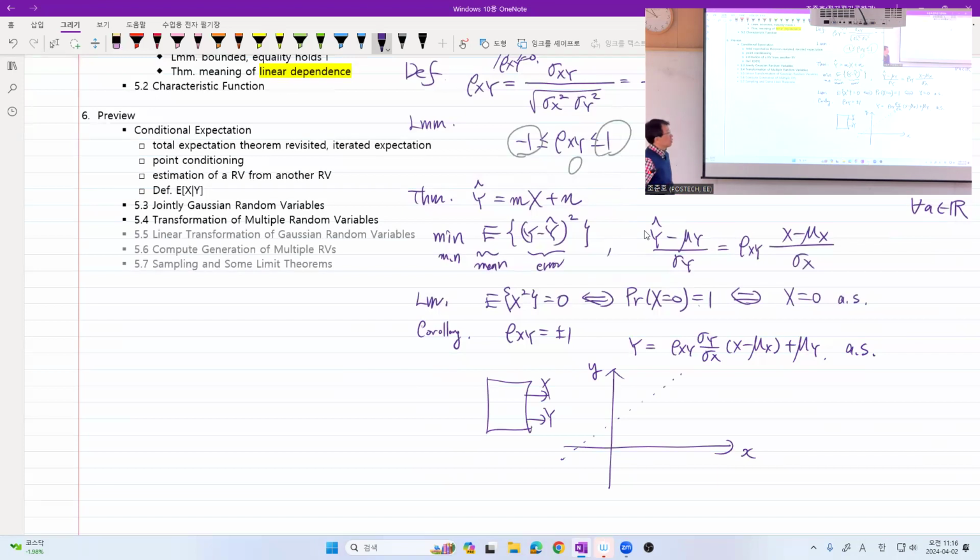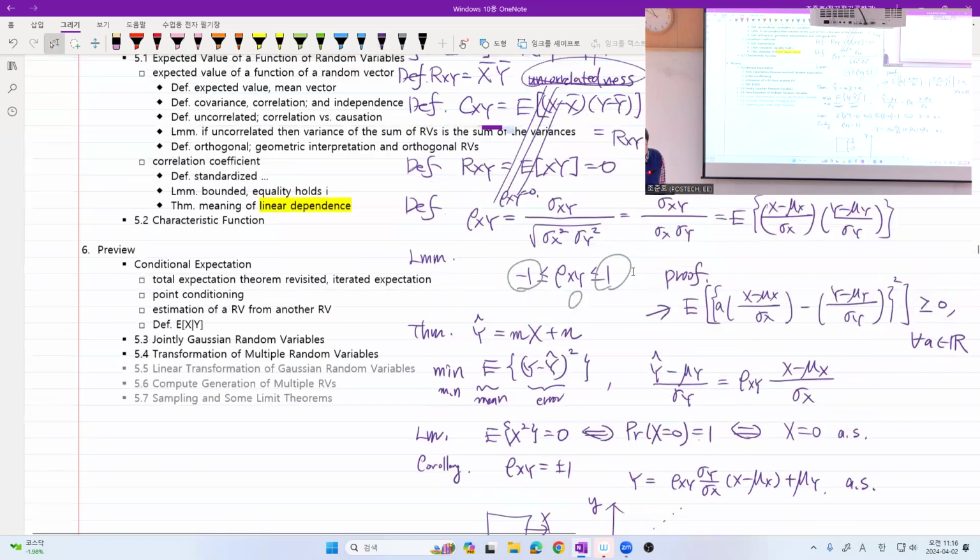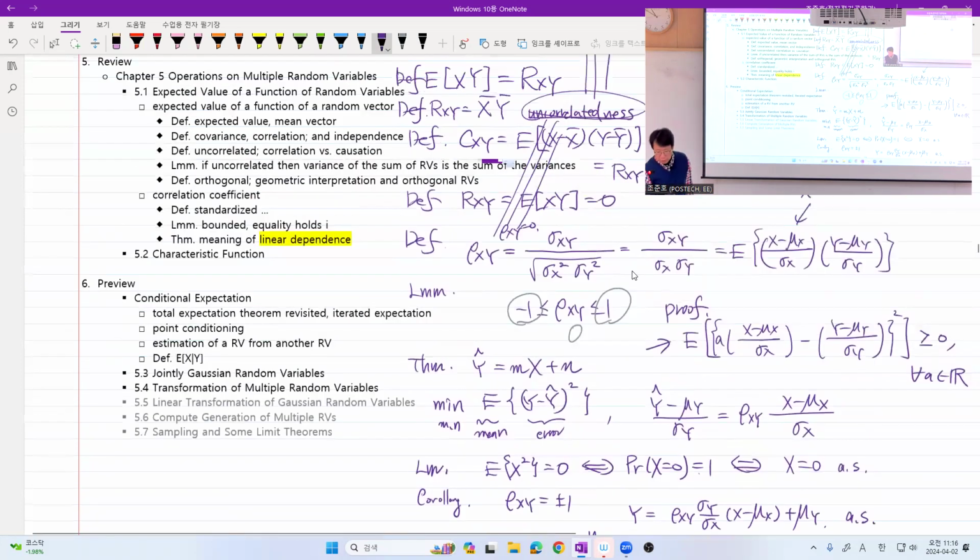You see some points on a straight line. Okay. And by the way, this is called linear dependence.